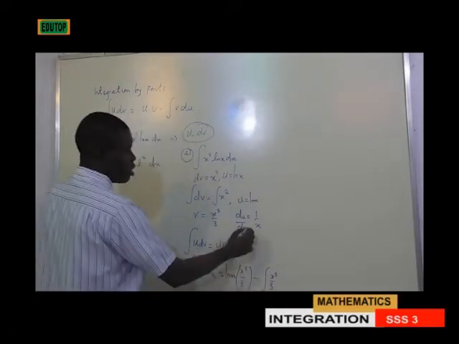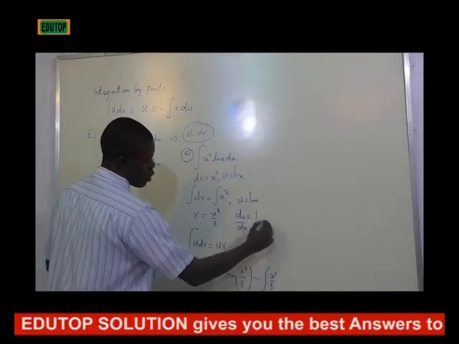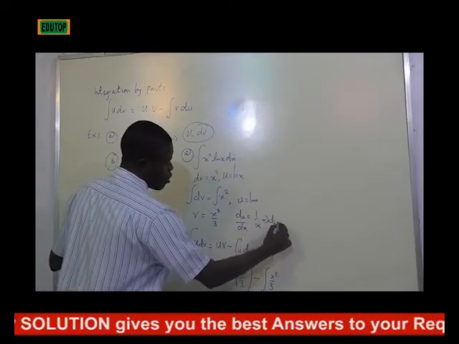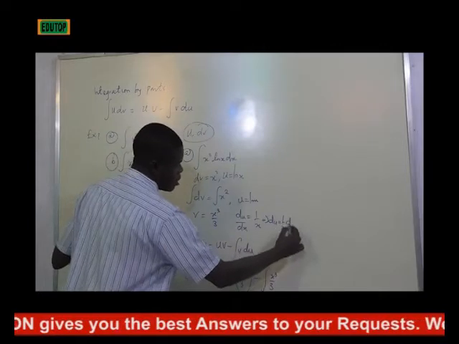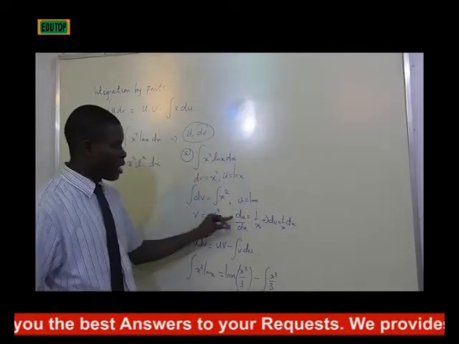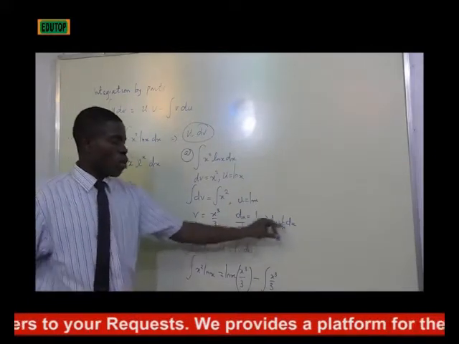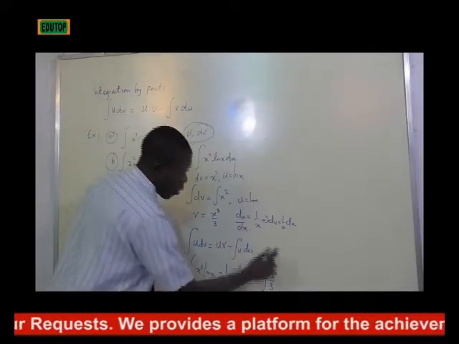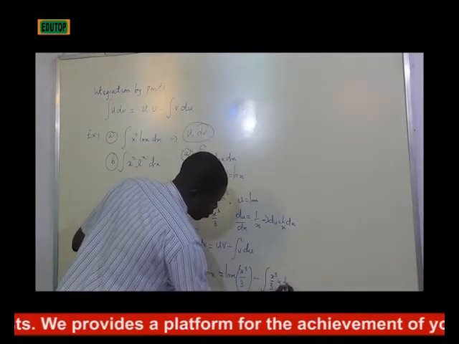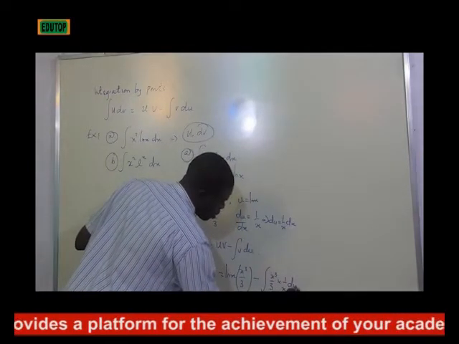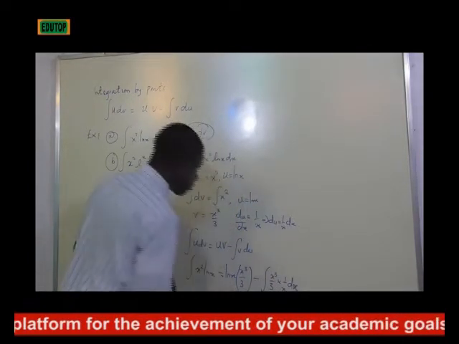Where is my du? du can be calculated here, just cross multiply these two. So it implies that du will then be 1 over x dx. So du here I will have multiplied by 1 over x dx.